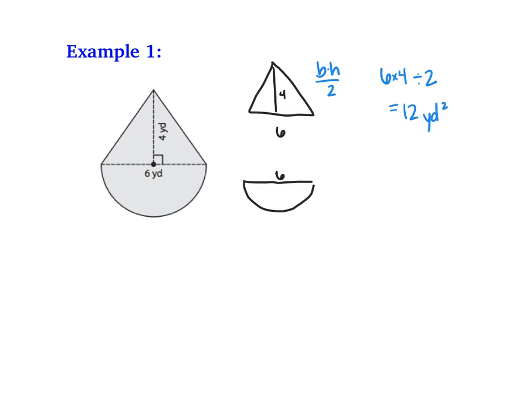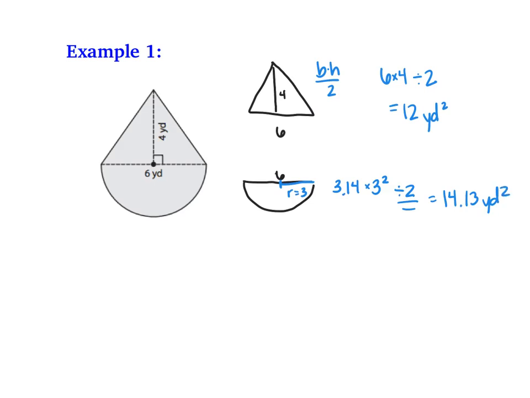It goes all the way across, so that 6 would be the diameter, which means that my radius here would be 3. So the area of the full circle would come from pi times 3 squared. Since I have half of a circle, I'm going to divide it by 2. So for that, I get 14.13.